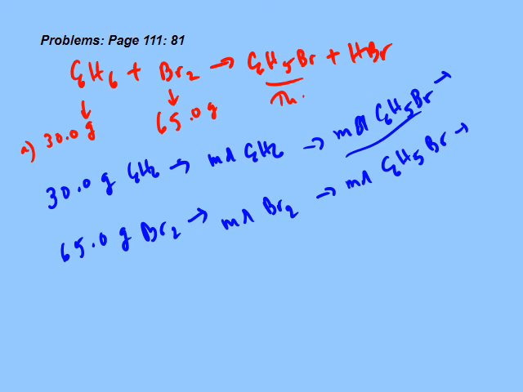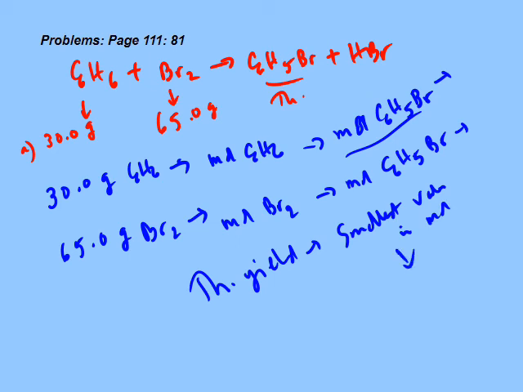Then from the theoretical yield in mole, you go from mole to gram of C6H5Br. And that's how you're going to get the theoretical yield.